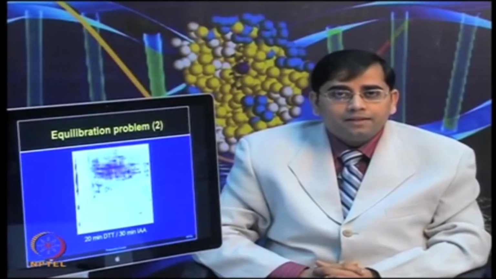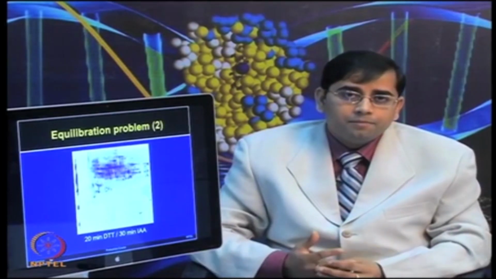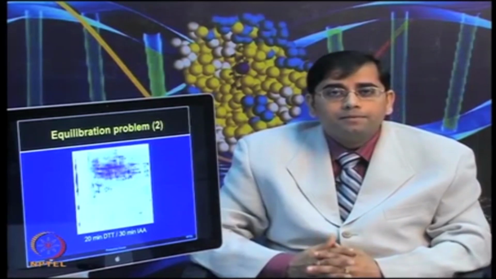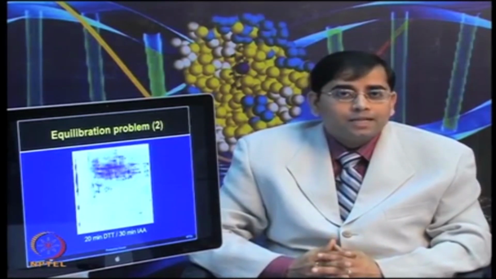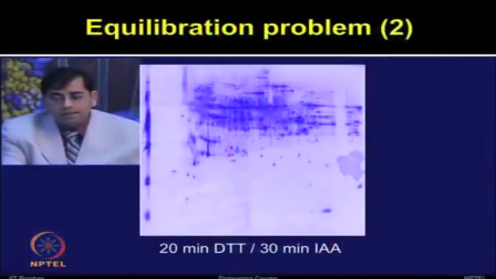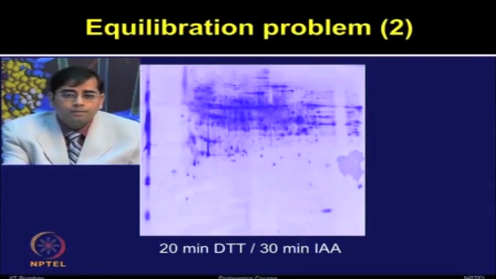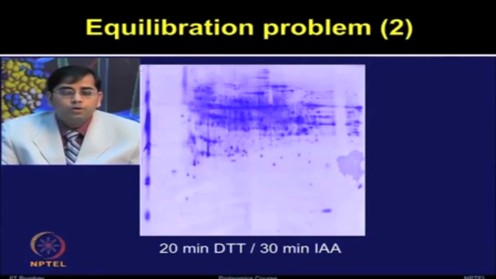Many times people think that by increasing the equilibration time, the gel quality may appear better, but that is not the case. In this gel, it is shown that by increasing the equilibration time to 20 minutes of DTT and 30 minutes of iodoacetamide, the gel pattern looks very problematic, and that is because of the equilibration excess.